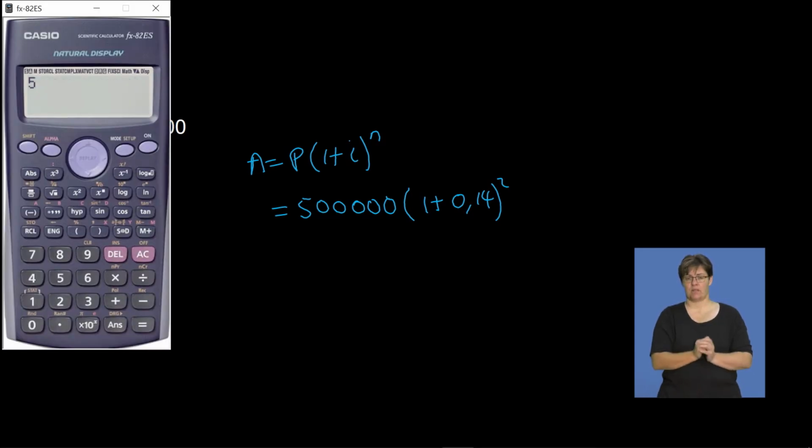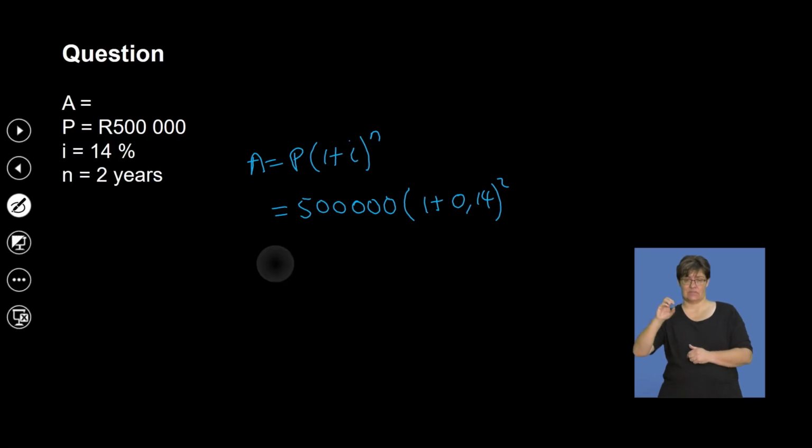So this will be 500,000 into 1 plus 0.14 to the exponent of 2. And Nceba will then have 649,800, right?